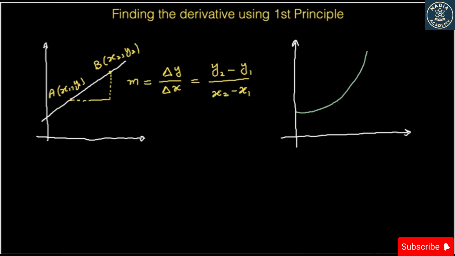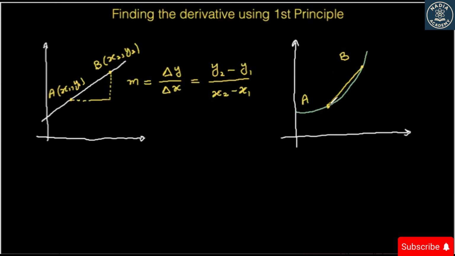Our task is to find the gradient at this point A. If we consider another point B and use the method for a straight line, you can see that the straight line between points A and B is not exactly following the curve. So the gradient of this line AB, the yellow colored straight line here, will be different from the gradient at point A.